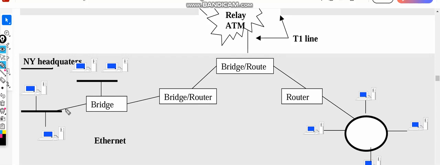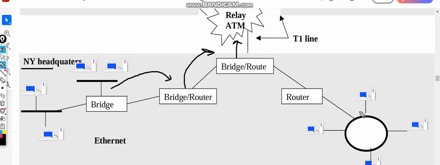This bridge is connecting the network of the New York headquarters to a bridge or router. This bridge or router is connected to another bridge or router, which is in turn directly connected to the frame relay ATM.